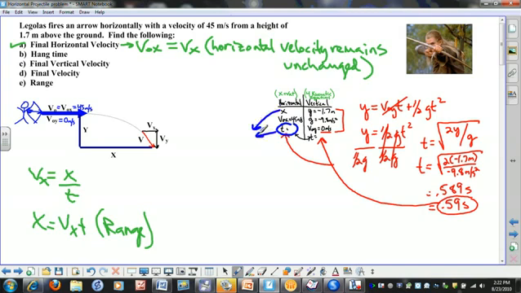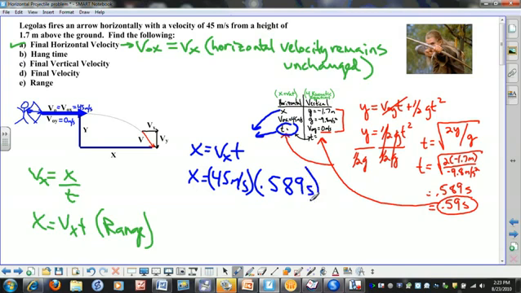We know that x equals v x t. So x equals 45 meters per second times the time, which is 0.59. But let's use our original number of 0.589. Let's not round yet. Since we're solving for a different variable, let's wait and round that last.